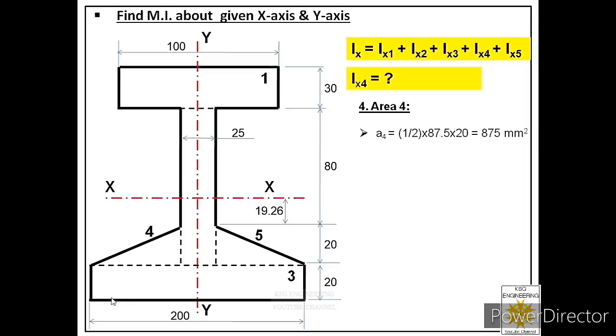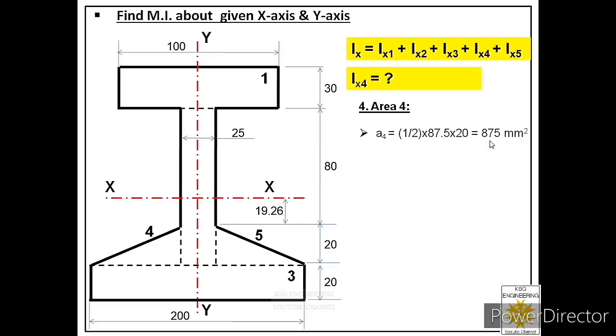You can see total length is 200 minus this distance, that is 25, so 175 divided by 2 will be equal to 87.5. So the base of the triangle is 87.5 and this height is given to us here as 20. It means A4 will be half into 87.5 into 20, that is equal to 875 mm square.